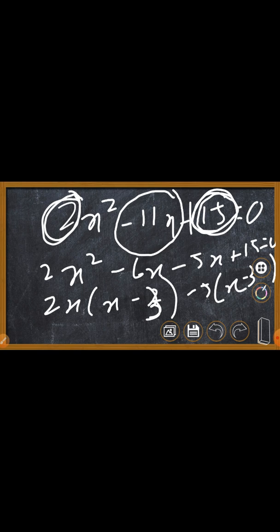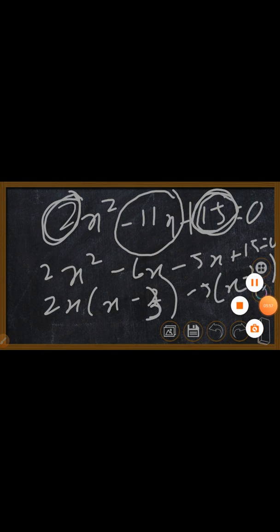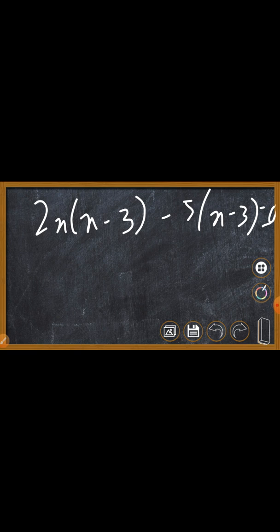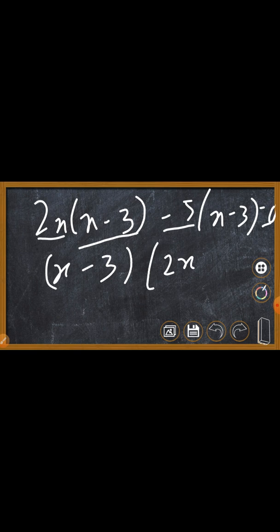I want you to copy it down up to here. 2x into x minus 3 minus 5 into x minus 3 is equal to 0. So now I will write this as x minus 3 into 2x minus 5 is equal to 0.